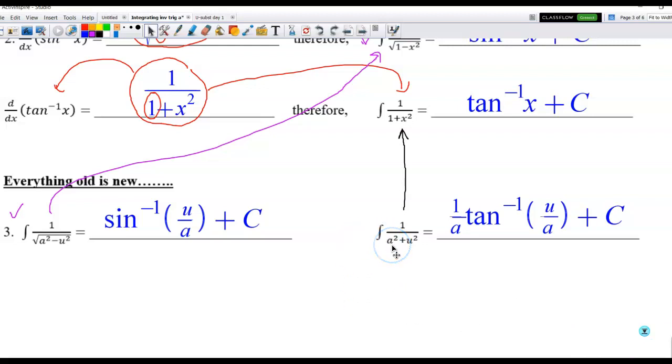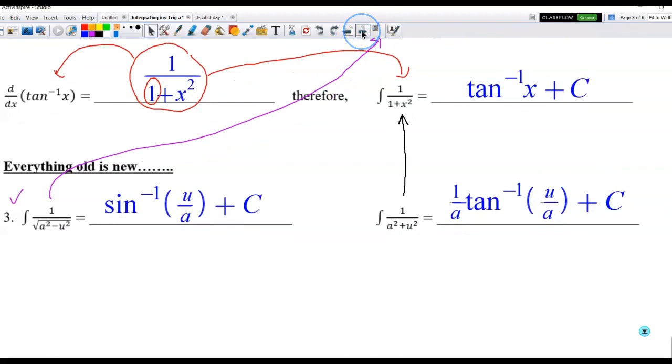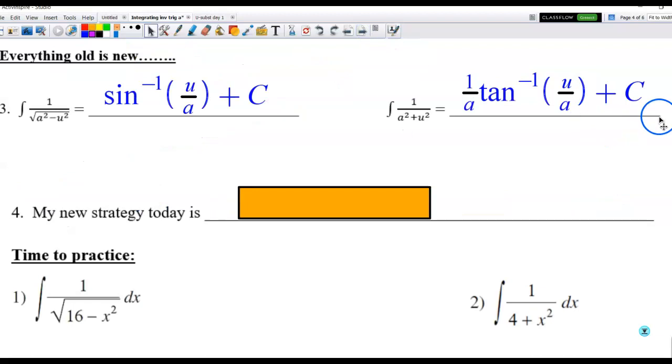When the constant is not a 1, we have 1 over a, not a squared, but 1 over a. And again, you're going to see this worked out in examples. For now, make sure you get the formula. And speaking of examples, let's tackle some problems. Strategies. So I left the formulas at the top just so that we can reference them.